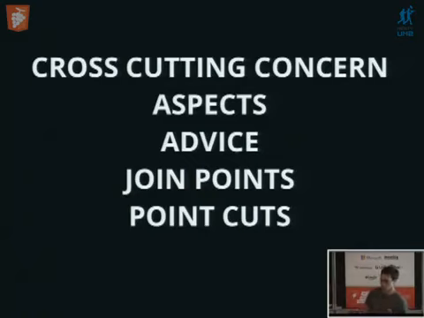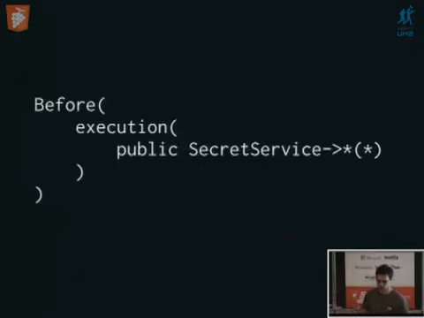So it could be before the setUser method, or after the setSecret method, if the first argument was 21. Usually they're expressed in their own domain-specific language, so something like this. Before the execution of any public method of the secret service with any argument. So you could go pretty nuts with this if you wanted to.